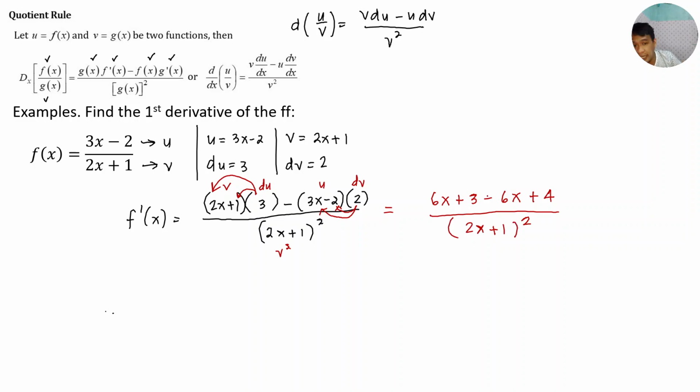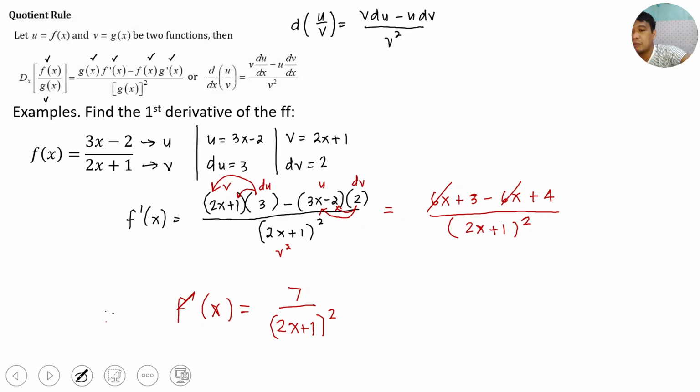So bakit naging negative 6x plus 4? Because negative 2 times 3x is negative 6x. Negative 2 times negative 2 is positive 4. Obviously, 6x cancels out, giving us f prime of x equal to 7 over 2x plus 1 to the second power. So that is our answer there.